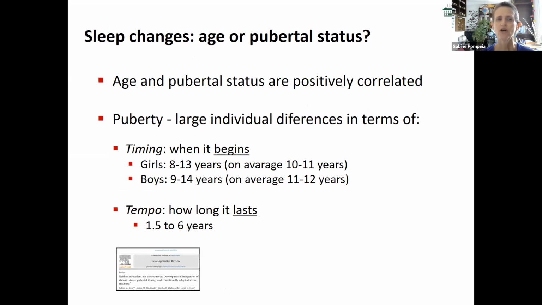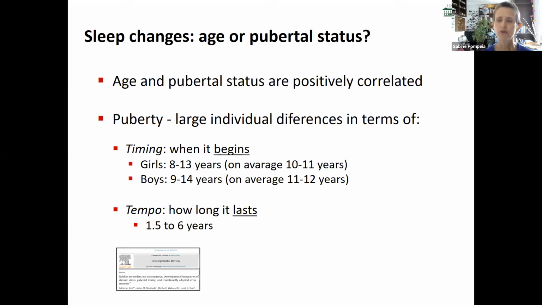Although age and pubertal status are positively correlated, in that older adolescents tend to be more sexually mature, there are enormous individual differences in terms of pubertal development. For example, it's normal for a girl to begin puberty between the ages of 8 and 13. The same goes for boys between the ages of 9 and 14. So there's a 5-year difference there, which is considered just normal.